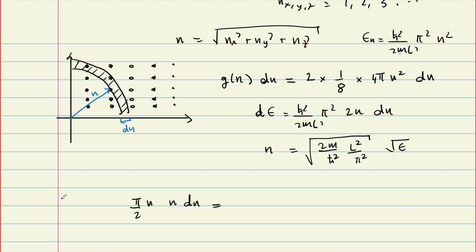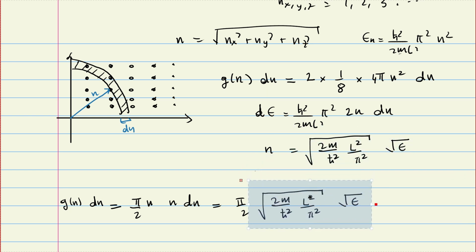So this is g(n) dn, and this is pi over 2. And n dn is equal to dE divided by this entire thing.